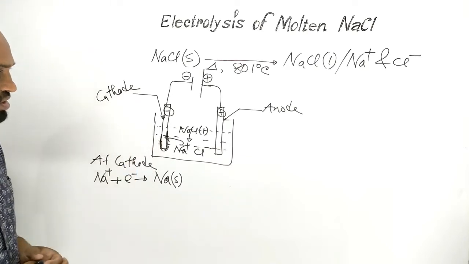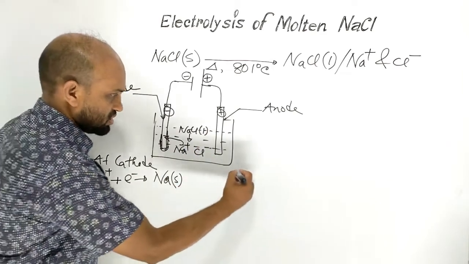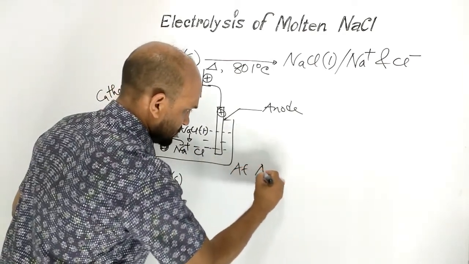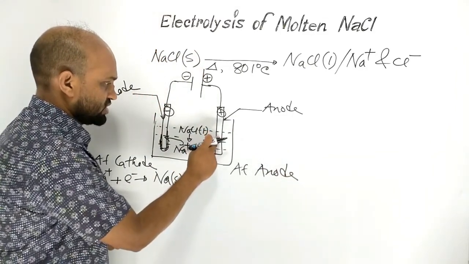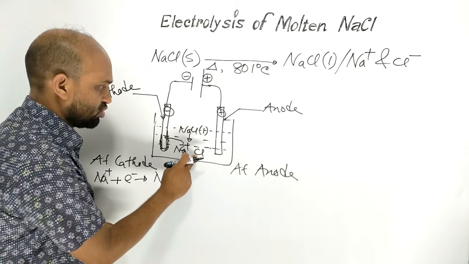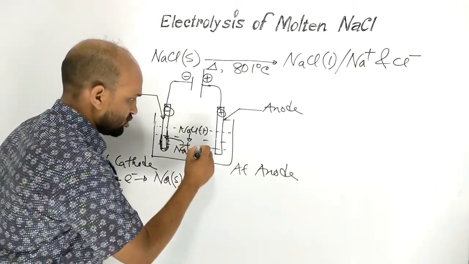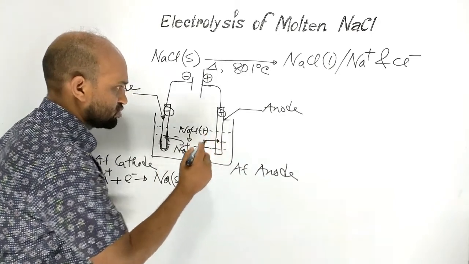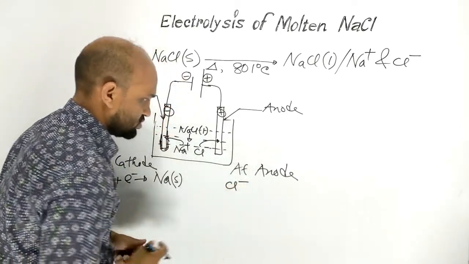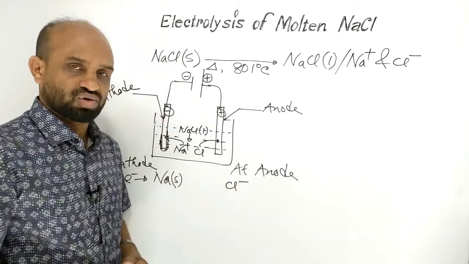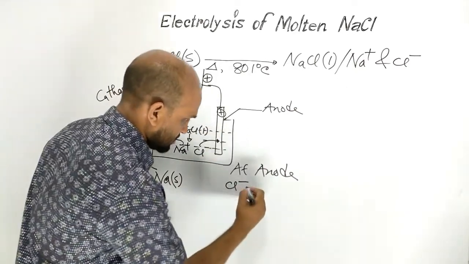Now let's see what reaction happens at anode. Reaction at anode. Anode is positively charged and chloride ion is negatively charged. That is why chloride ion will move towards anode. Chloride ion is electronically rich and anode is electronically deficient.